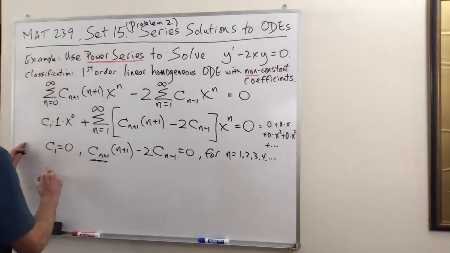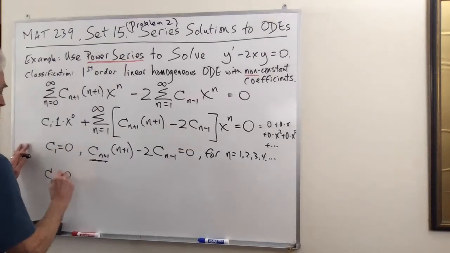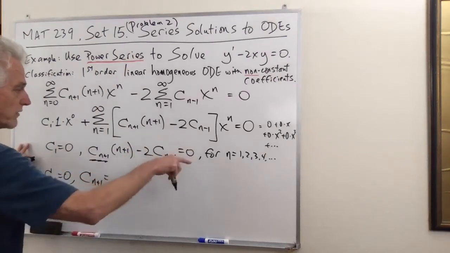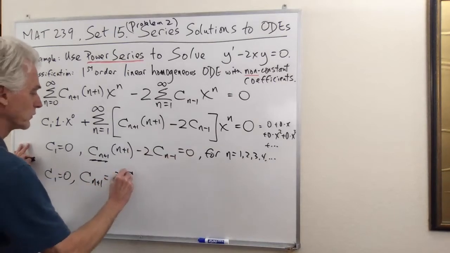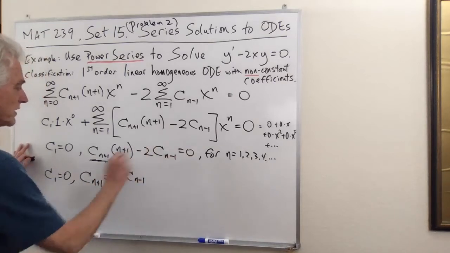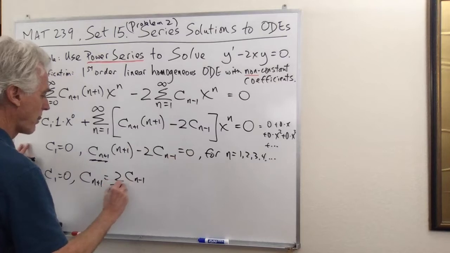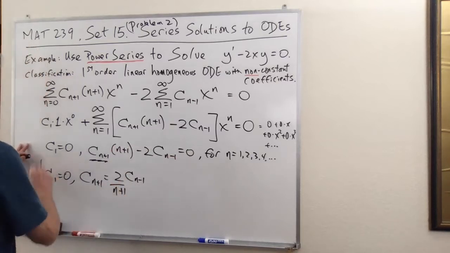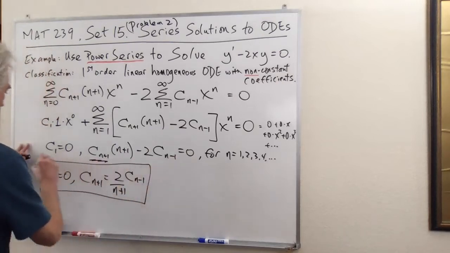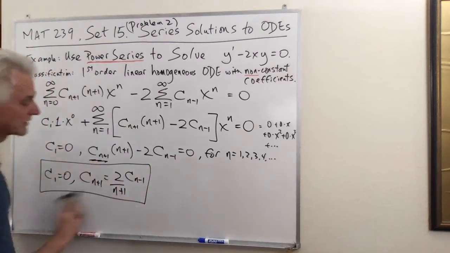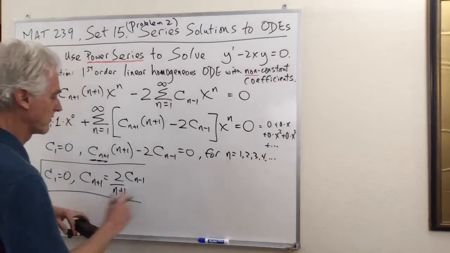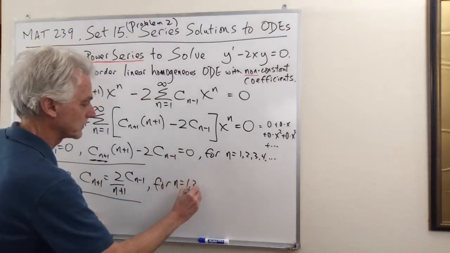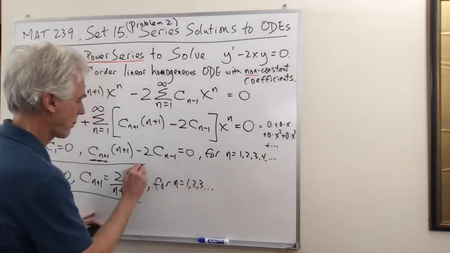And let's not forget this. So we have c1 equals 0 and c sub n plus 1, bringing that over, gives me 2 c sub n minus 1 divided by n plus 1. Okay, oops, and I really should be specific for n equals 1, 2, 3, dot, dot, dot.